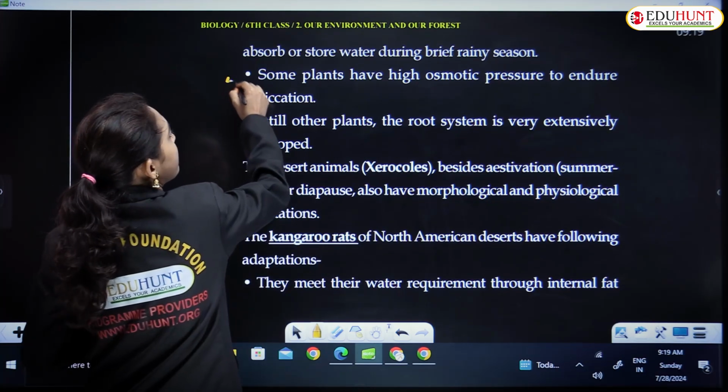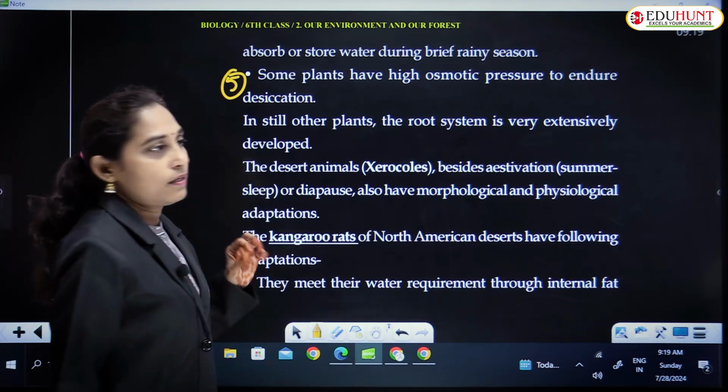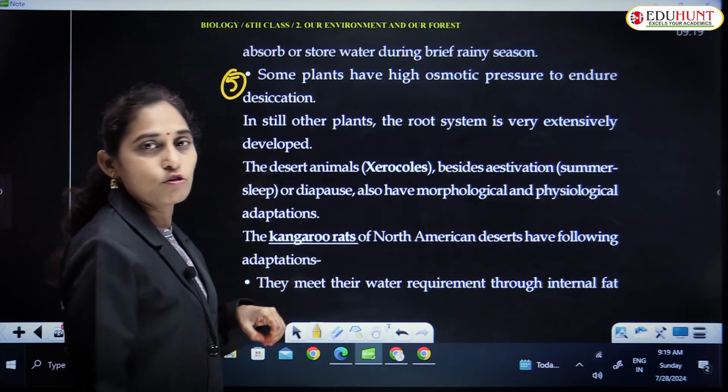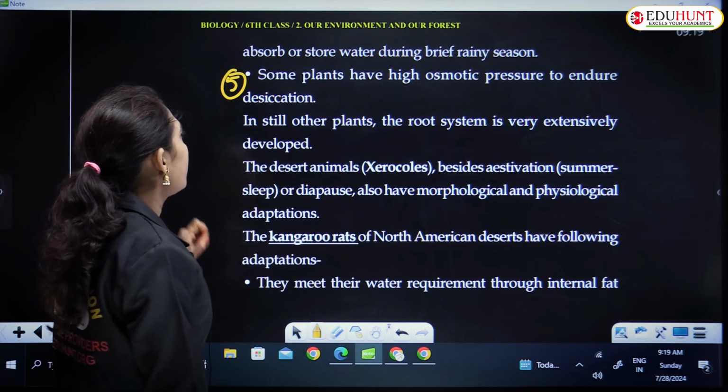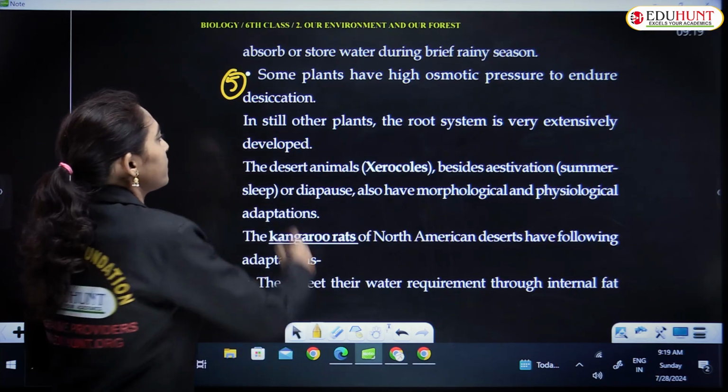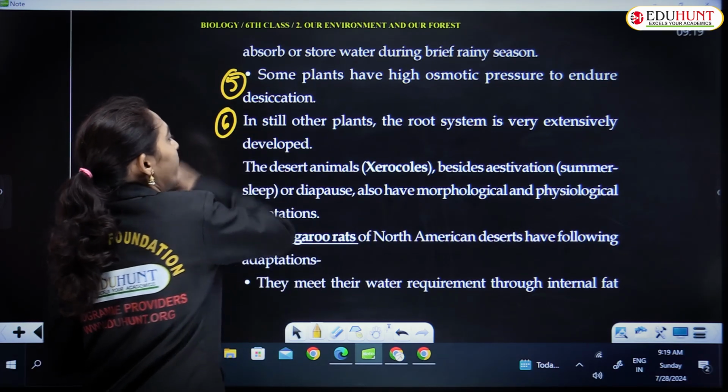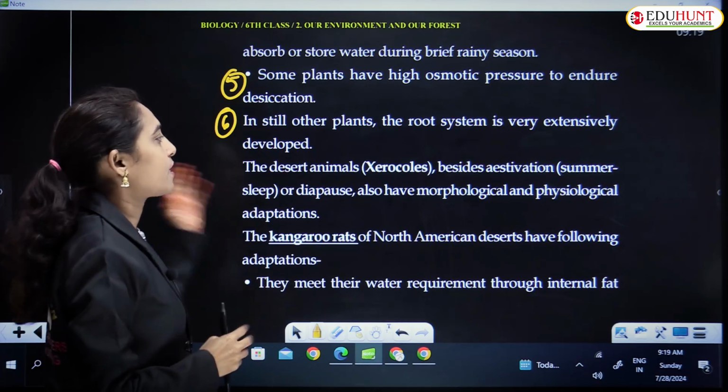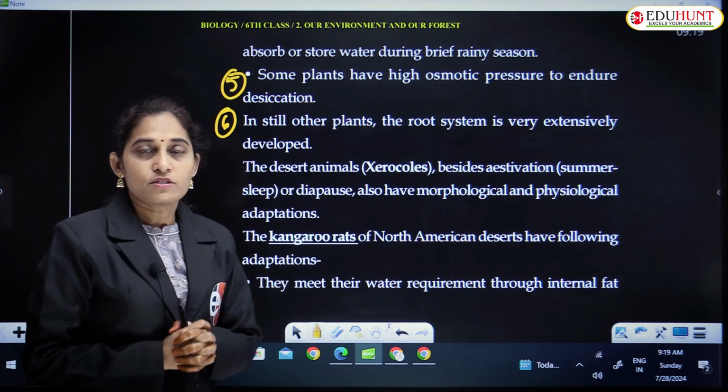Some plants have high osmotic solutions in the cells to prevent desiccation, and some possess a very well developed root system. These are the adaptations shown by xerophytes.